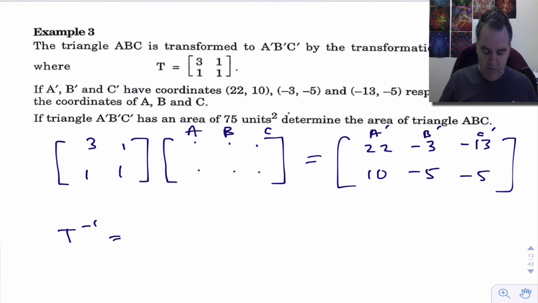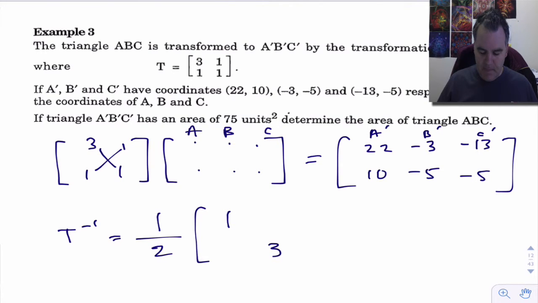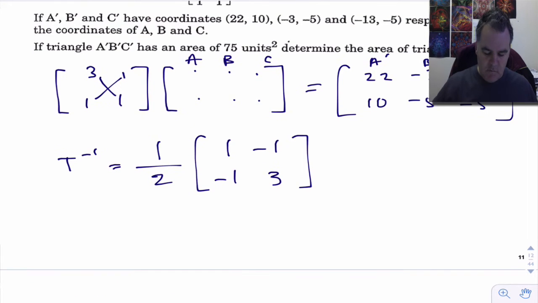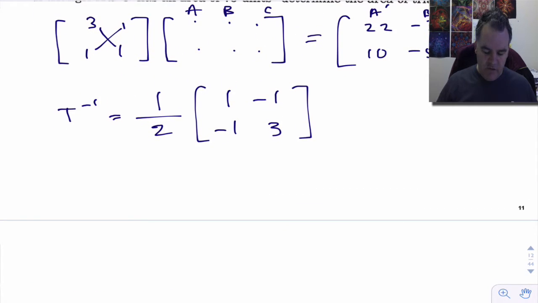The inverse of matrix T is 1 over the determinant. The determinant is 3 times 1 minus 1, which is 2. We swap the 3 and the 1 and change the sign of the other diagonal entries. So that is the inverse of matrix T. Let's do the calculation now.